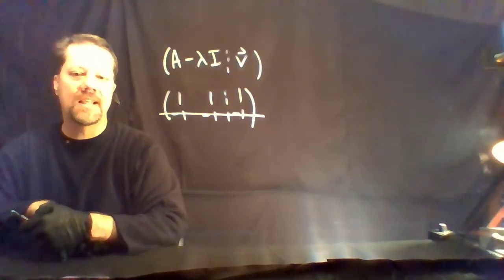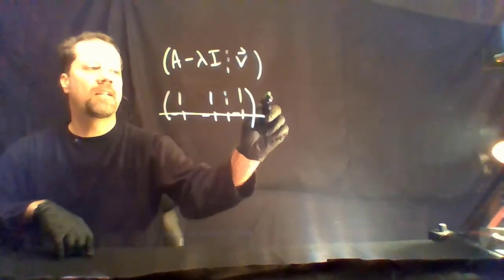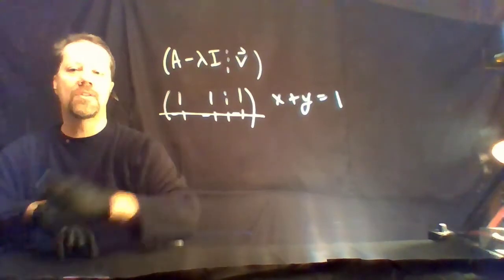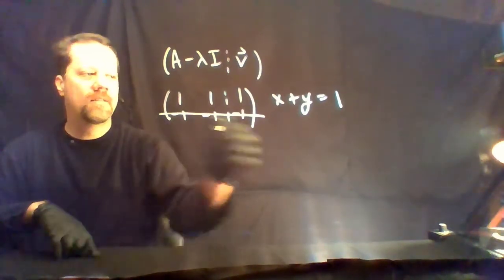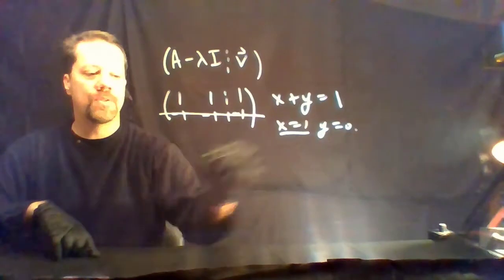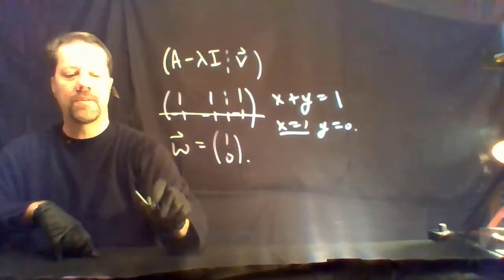It's always the case that there will be infinitely many generalized eigenvectors. In this case, we have x plus y equals 1 as the one constraint on the coordinates of the generalized eigenvector w. All you need is to choose one. Let's set x equal to 1, y equals 0, giving us the generalized eigenvector (1, 0).